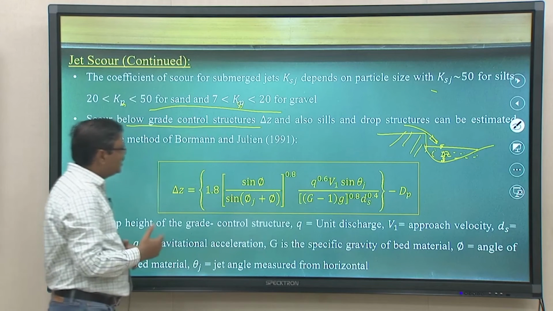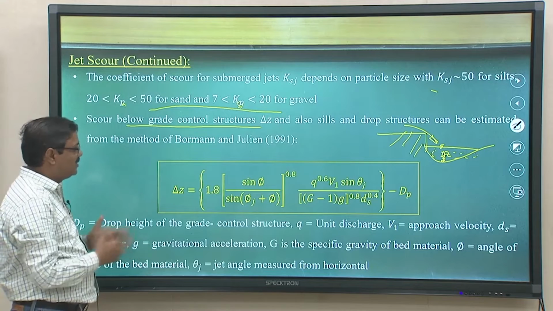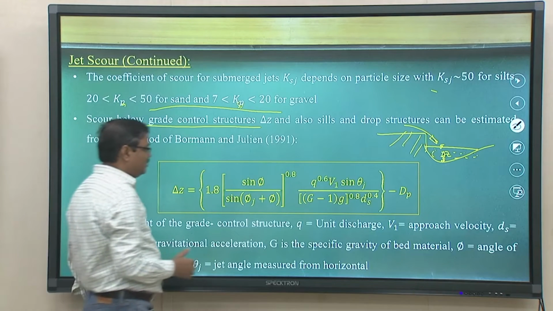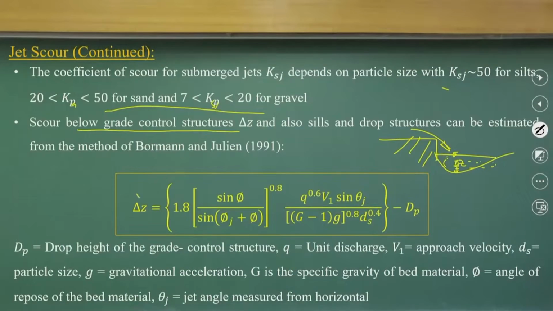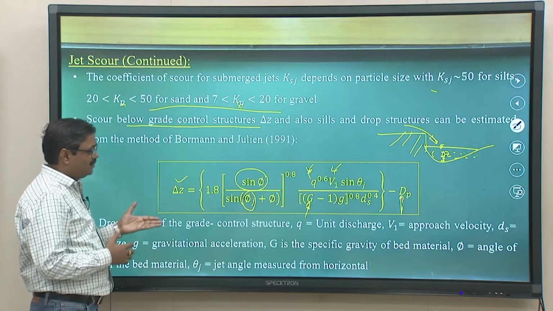So, if you look at that, again the same experimental work, but the equation looks a bit lengthy. Delta z is a function of sin phi, phi j, g is specific gravity of the bed materials, you have q, v1 and d phi. Okay. So, it is a complex equation, but it is not that complex in today's world.